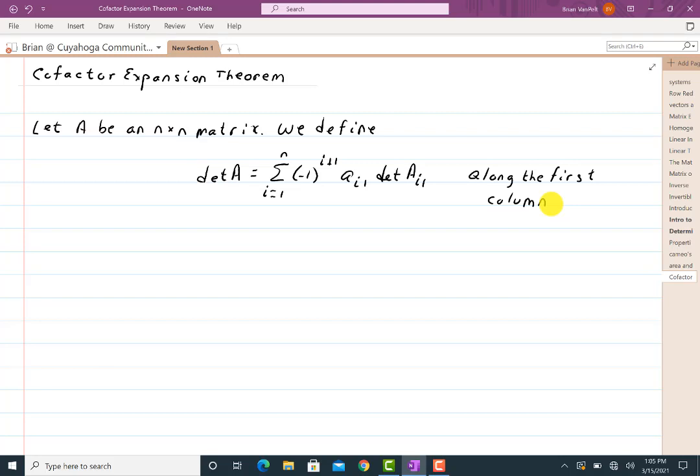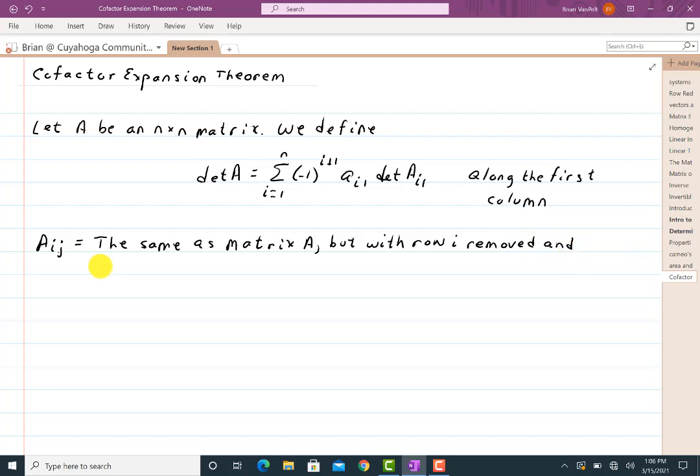But for now, let me make sure that everybody understands what all the notation means, and I think the only thing we need is this one. Whenever I write this, this is the same as matrix A, but with row i removed and column j removed.